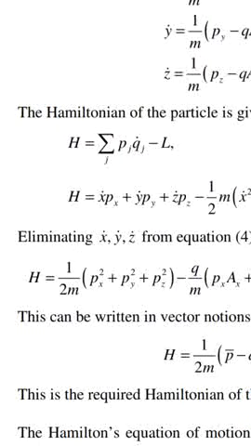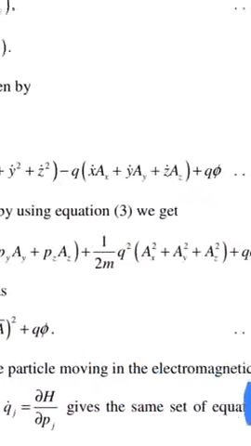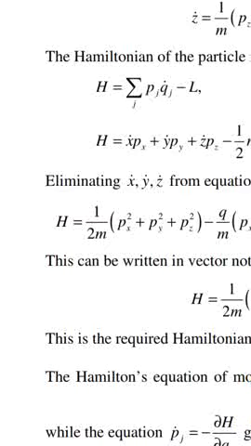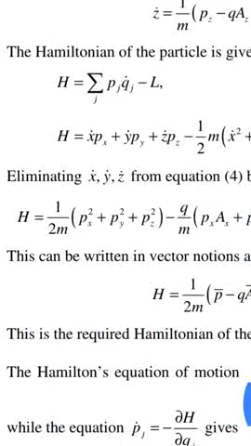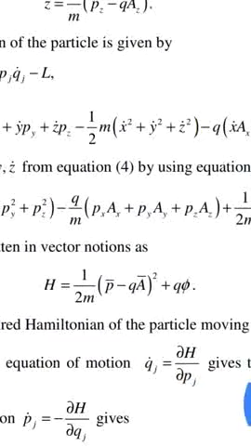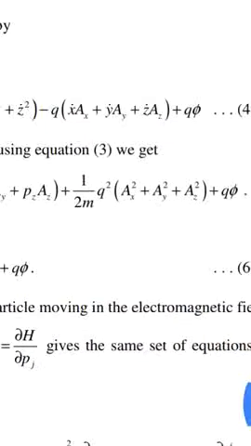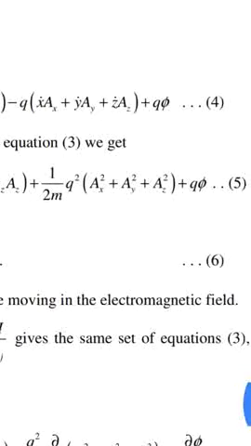Eliminating x dot, y dot, z dot from equation 4 by using equation 3, we get H = 1/2m (Px² + Py² + Pz²) - q/m (Px ax + Py ay + Pz az) + 1/2m q² (ax² + ay² + az²) + qφ.